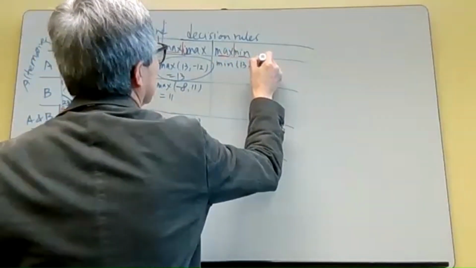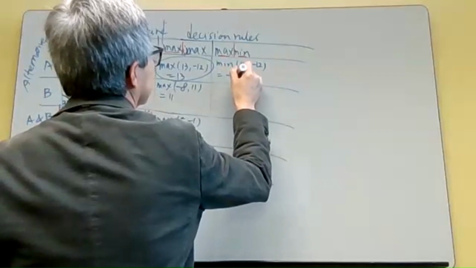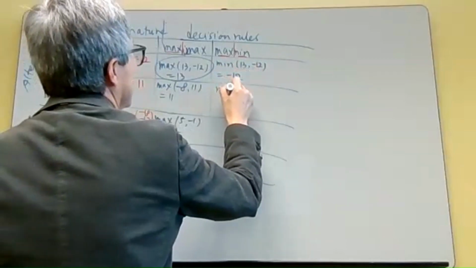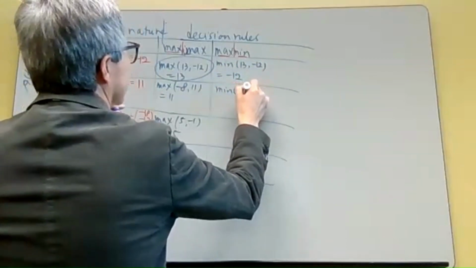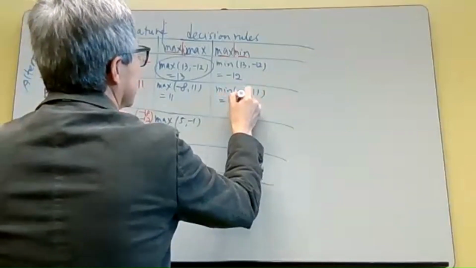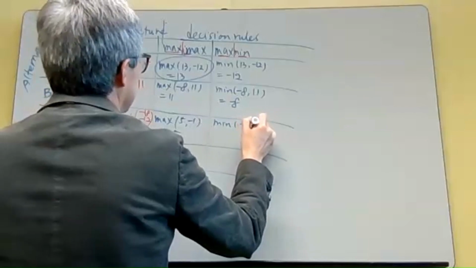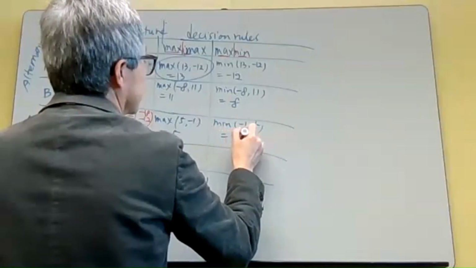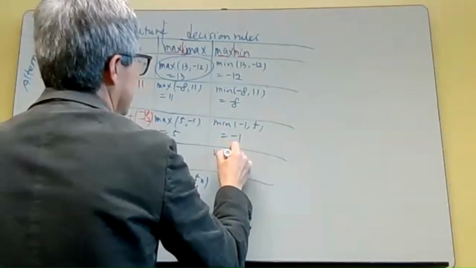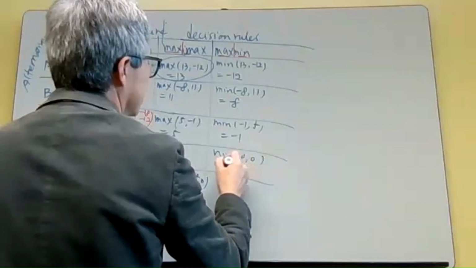Minimum of 13 and minus 12, so it's minus 12. The minimum of minus 8 and 11, so it's minus 8. Minimum of minus 1 and 5, so it's minus 1. And minimum of 0, 0, so it's a 0.